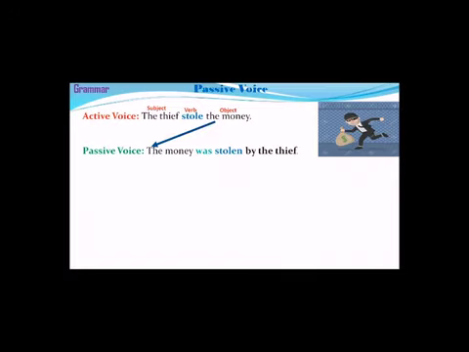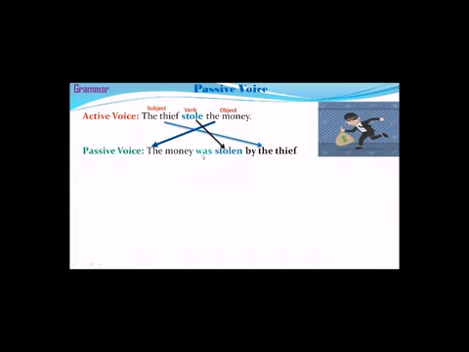The money, which is the object in the first sentence, becomes the subject of the passive sentence, and the subject of the active sentence becomes the object of the passive sentence, and the verb is changed into the past participle, and we add the verb to be in the simple past. Why? Because the verb here is in the simple past. If the verb here is in the simple present, here it should be is or are.